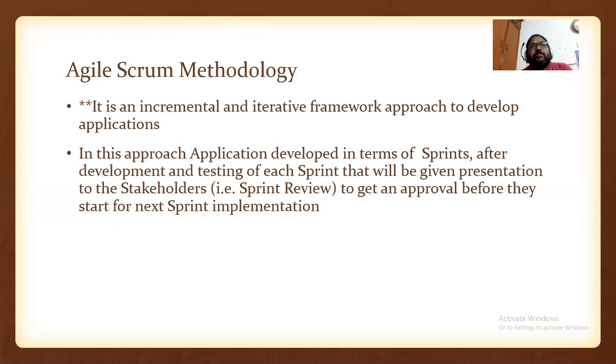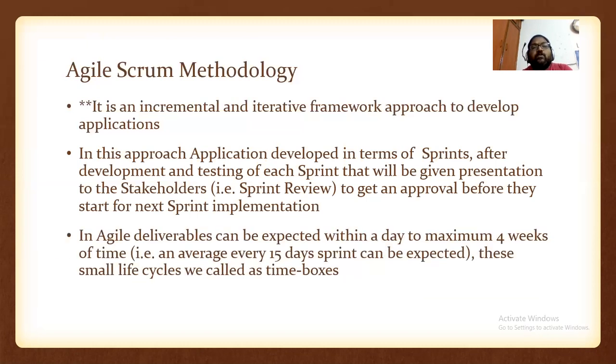They divide the project into small units called sprints. Once design, development, and testing are completed, a presentation is given to the stakeholders to get approval before we start the next sprint implementation.